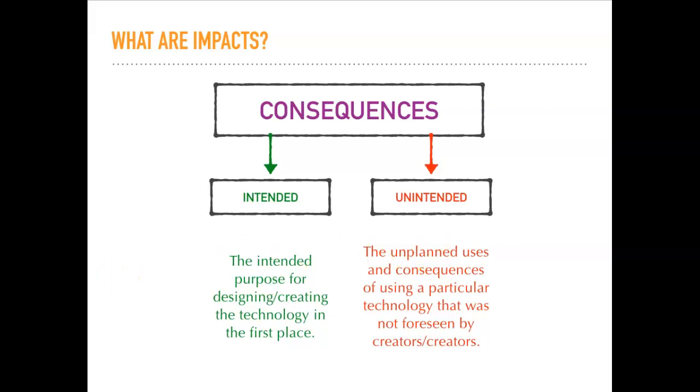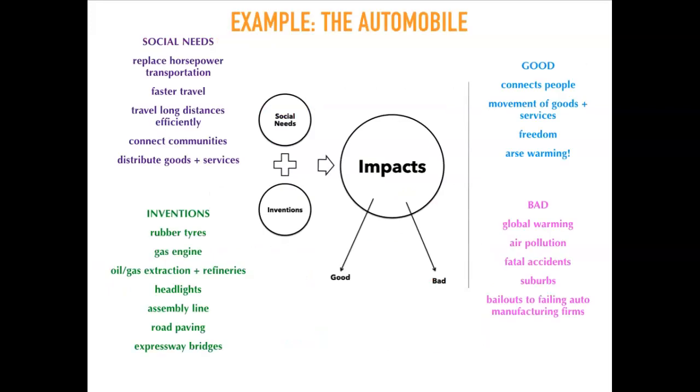So let's try looking at one. So here I have the lovely model in the center, and we are going to be looking at the invention and innovation of the automobile.